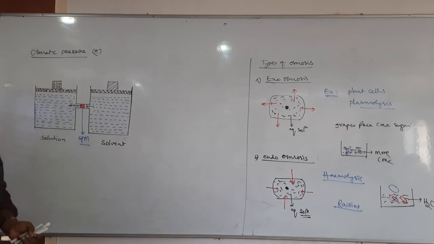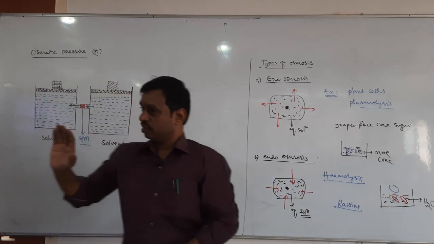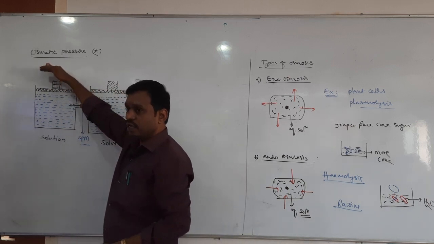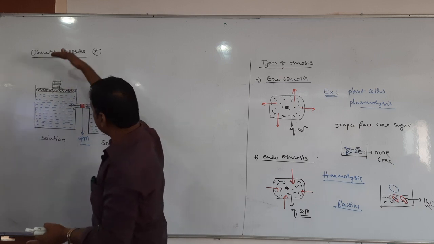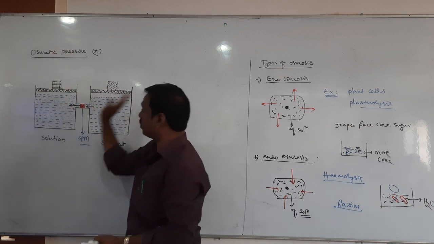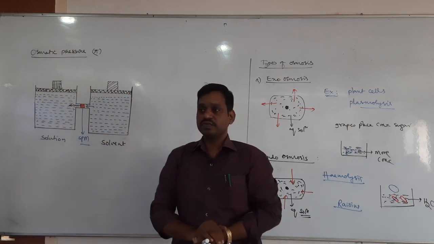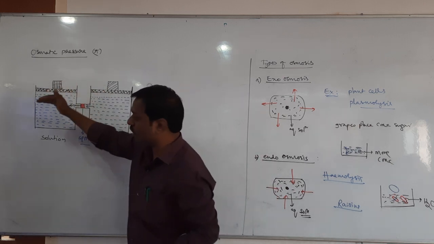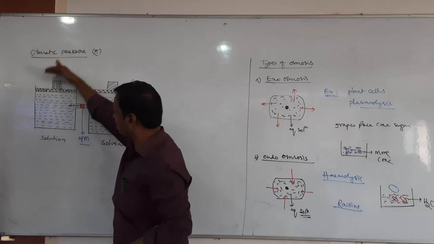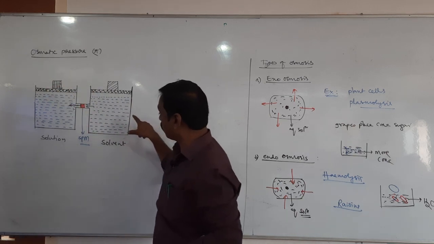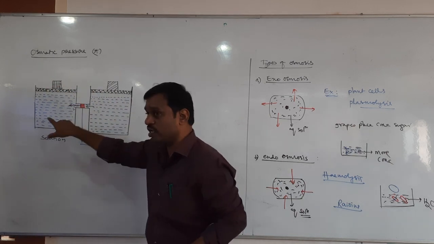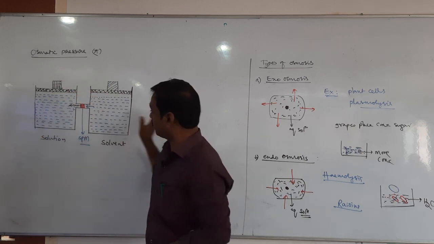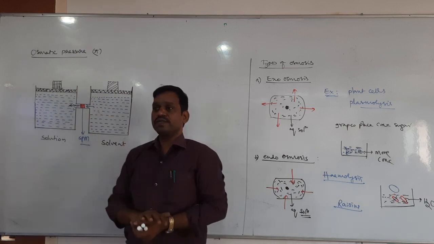Osmotic pressure is the pressure which must be applied on the solution in order to stop or prevent the osmosis. If you apply pressure on the solution, the flow of solvent from the solvent compartment to the solution compartment reduces, and at a particular pressure the flow of solvent will stop.